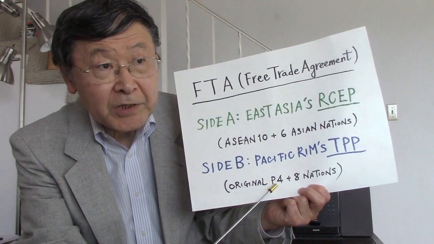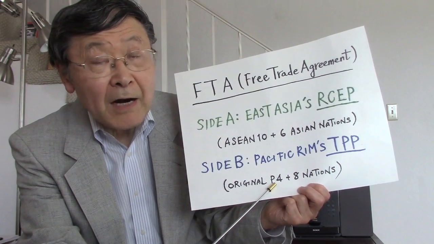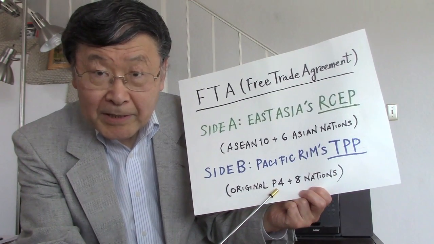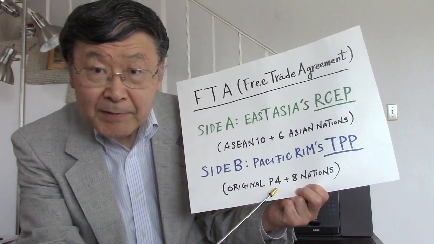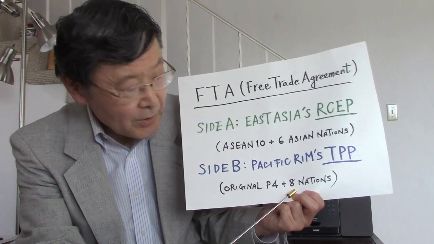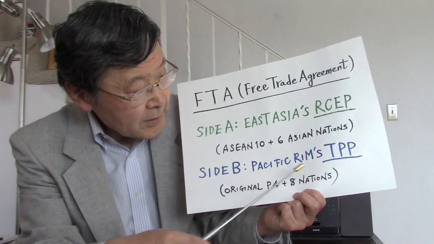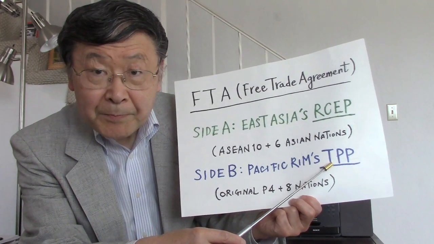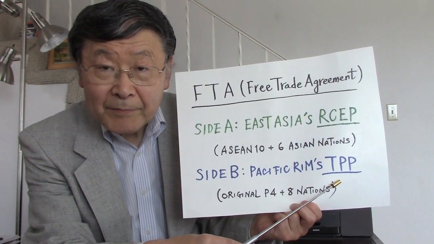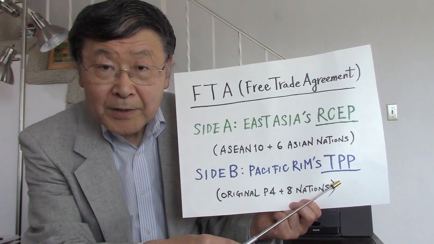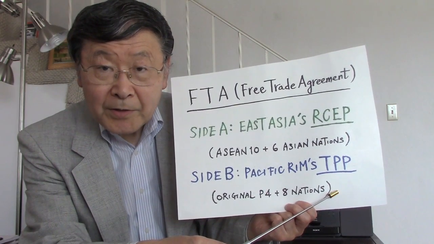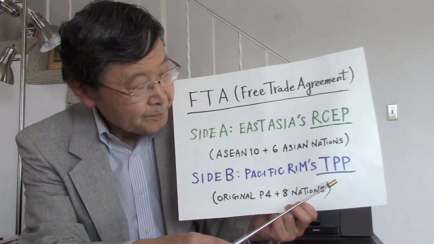That's the free trade agreement among 4 small nations across the Pacific. That arrangement has been extended to include 8 more nations, so now we have 12 nations. As you know, the TPP was signed in February 2016, but domestic approval is yet to be reached.